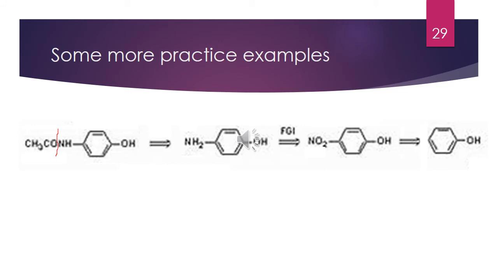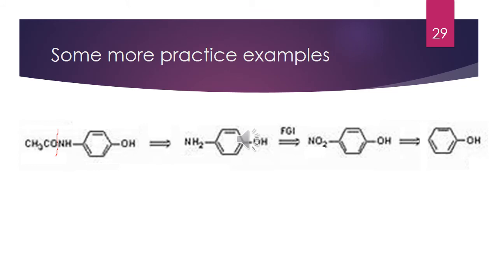We know that NH2 can be obtained simply by reduction of the nitro group. So we can have a nitro group, and the reduction of this nitro group will yield this amine. Functional group interconversion of the NH2 results in a nitro group, and we can easily introduce the nitro group simply by carrying out the nitration.